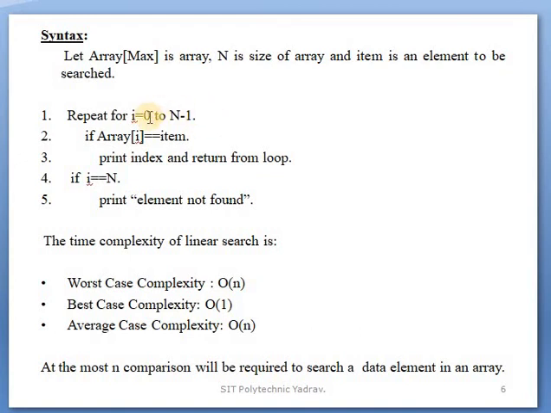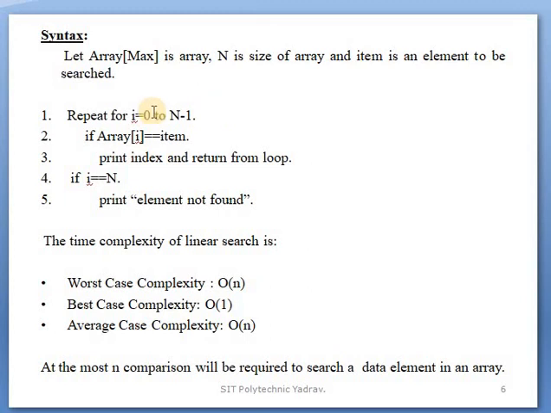Because the index in an array starts from 0, so we write n minus 1. For example, if n is 5, then 5 minus 1 is 4, starting from location 0 in your array: 0 1 2 3 4, total 5 numbers.